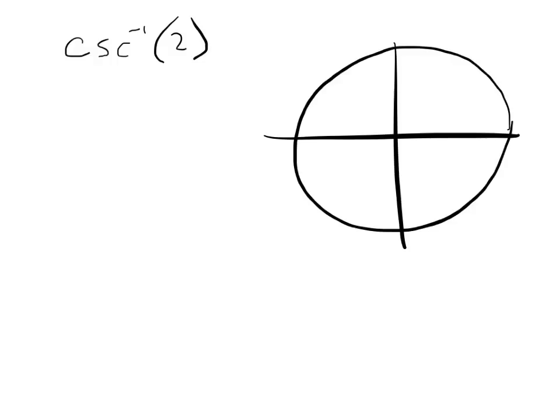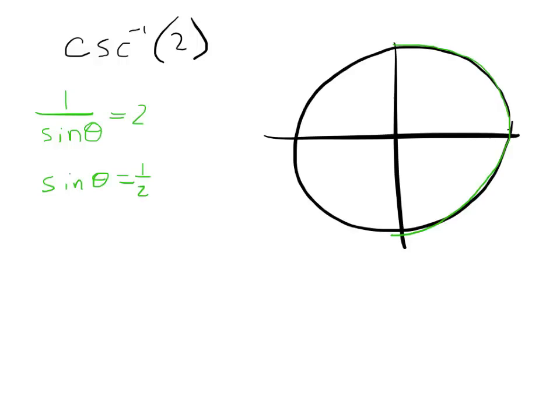Well, remember that cosecant is 1 over sine. And the sine ones are always quadrants 1 and 4. So I'm looking there. And really what this problem means is 1 over the sine of something equals 2. So a sneaky thing you can do here is say that would mean the sine is 1/2.